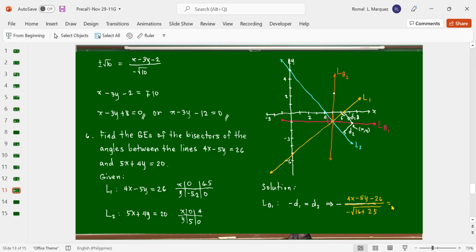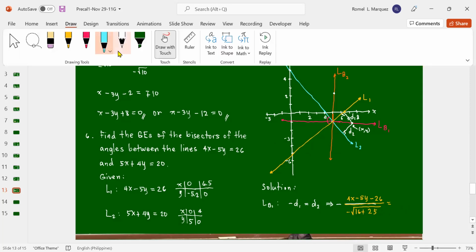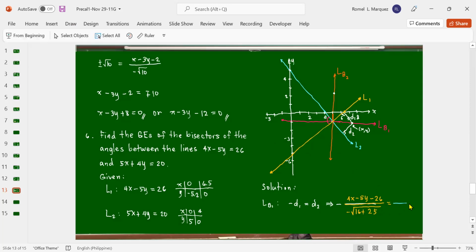And what about the right side? D2, that is from the blue. So what is the equation of blue? 5x plus 4y. What is the directed distance of xy from 5x plus 4y minus 20?